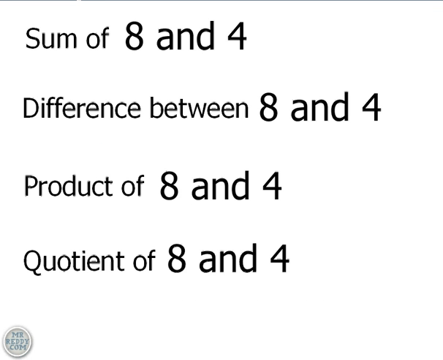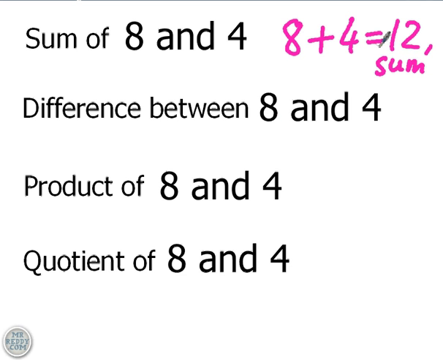Right, now we're going to look at the word quotient. So the sum of 8 and 4, that means add them together, and this here is your sum. The sum of 8 and 4 is 12. So the sum is the answer that you get to an addition problem.